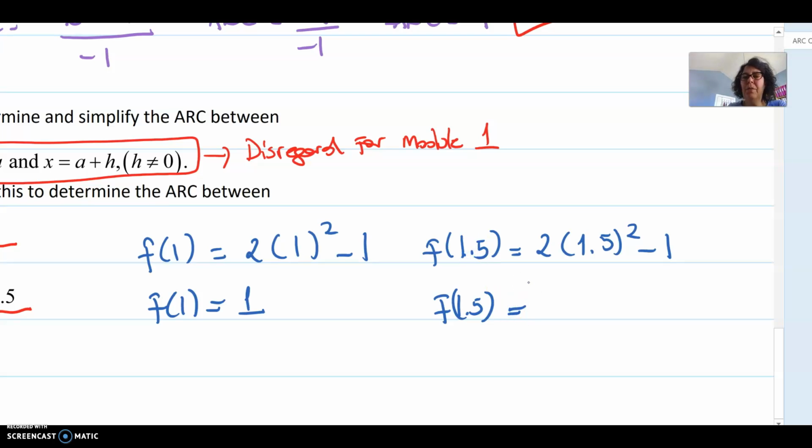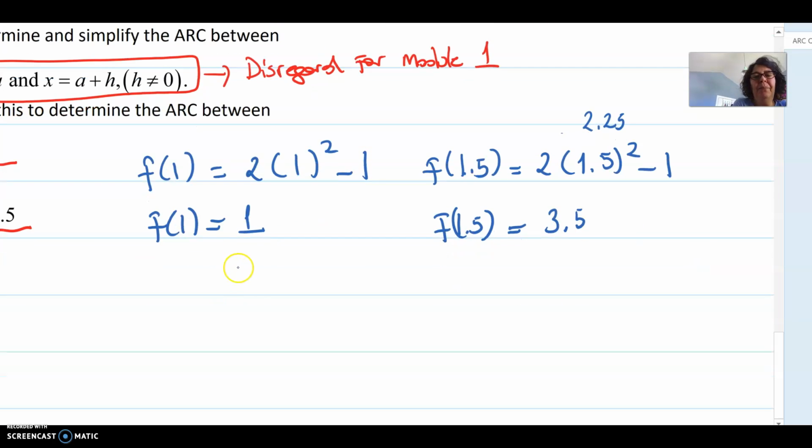Okay, so 1.5 squared, I believe it is 2.25. Just let me check. Hang on a sec. 1.5 times 1.5, yeah, 2.25. So 2.25 times 2 is 4.50. 4.5 minus 1 is 3.5.